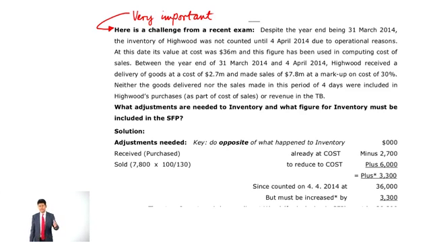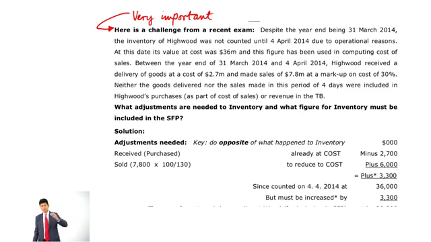Now clearly, when the staff do the count 4 days later, certain things have happened during the 4 days. For example, purchases might have been brought in. So clearly what you've got to do, if you want to value stock as at 4 days earlier, those purchases need to be taken out. Similarly, during those 4 days, there will be stock, inventory, sold to customers.